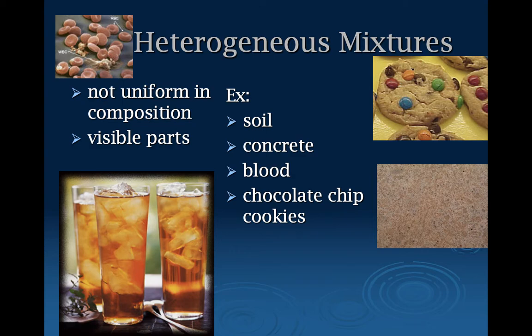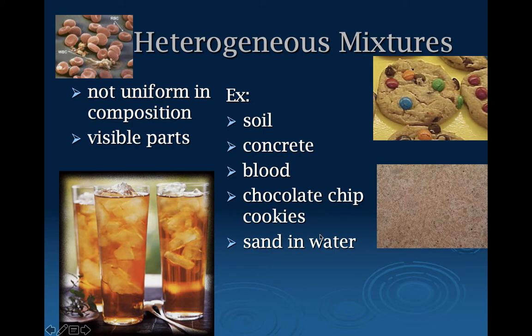And then the chocolate chip cookies, the picture is M&M cookies. You can definitely see different colors of M&Ms. You can see the flour parts, the chocolate chips in the cookie. Sand, or sand and water. This is a picture of sand.